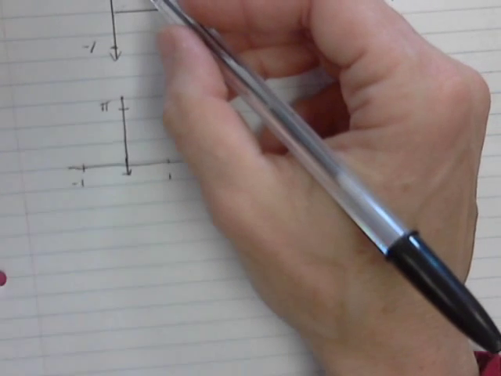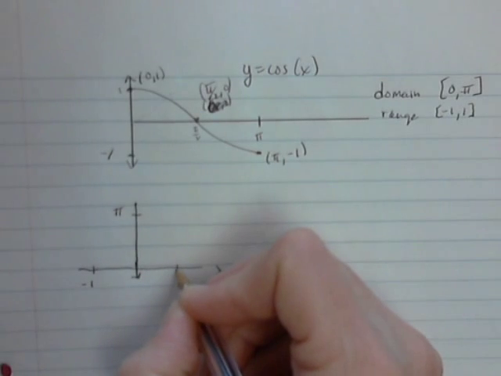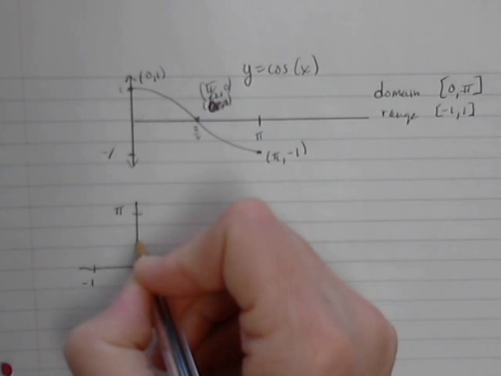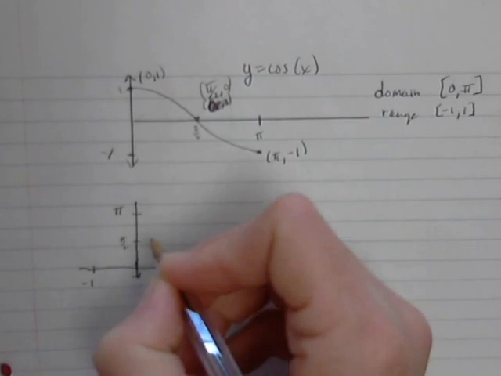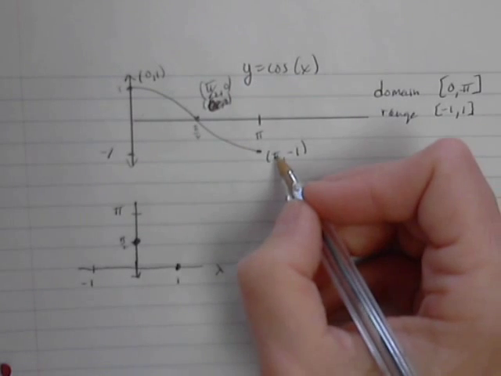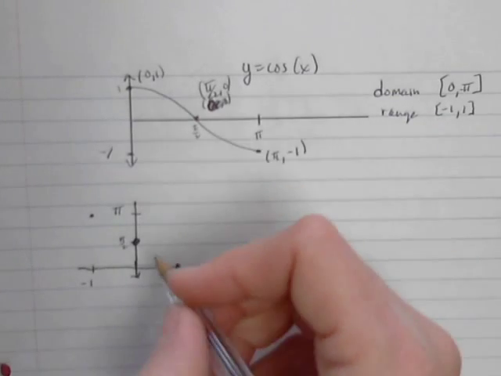So the point 0, 1 becomes the point 1, 0. This point pi over 2, 0 becomes 0, pi over 2, so it has a y-intercept. And then this point pi, -1 becomes -1, pi. So we'll put that point here.